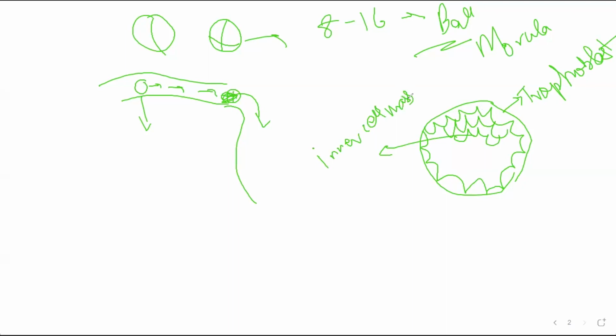So you have the trophoblast cells that are surrounding, and you have the inner cell mass toward the inner side. And remember that very important point: it is the inner cell mass that forms the embryo part. The cells of the embryo come from this inner cell mass. The inner cell mass later on becomes a proper embryo.